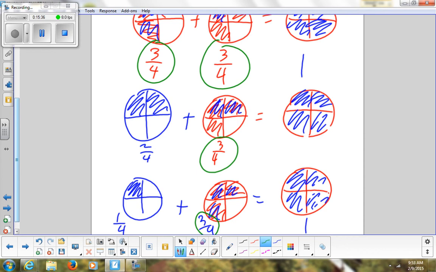It's a multi-step problem. So my answer would be, I would need 4 3/4 pound bags. And how many pound bags would I be able to make with it? Count the ones. 1, 2, 3. 3 pounds.